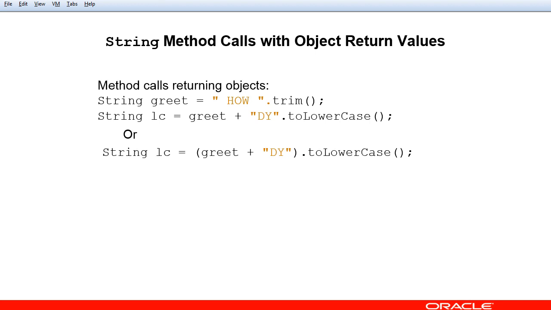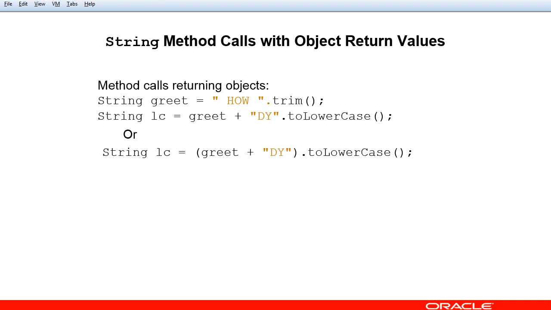The string literal dy in capital letters will be concatenated to how, but because we use the dot notation for dy, the method toLowercase is applied just to the string dy, returning lowercase dy. The string lc now references an object containing howdy, how in capitals, dy in lowercase.